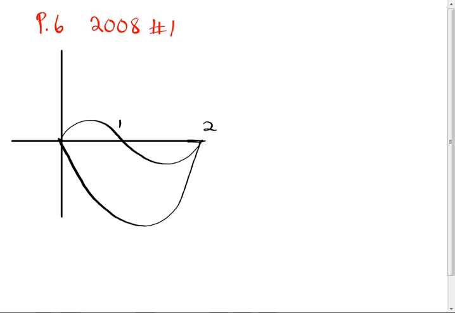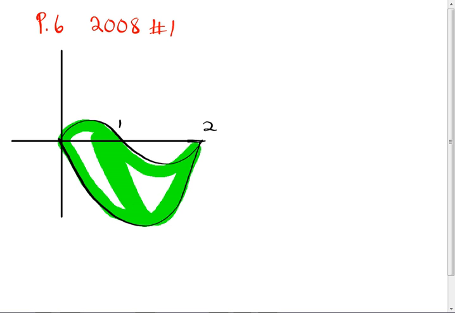Bird. I think it looks like a bird. If I put an eye in it, it looks like a bird.